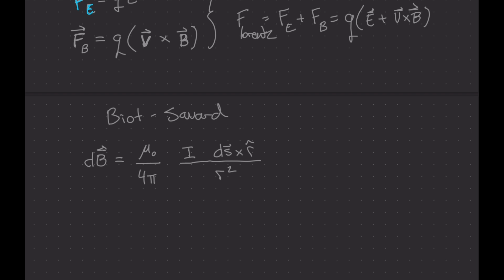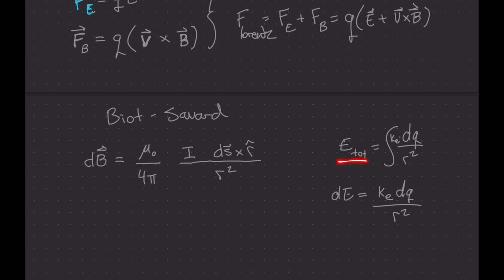It is very, very similar to the total electric field, which you saw as an integral of ke dq over r squared. So this equation can be written like this: ke dq over r squared, okay?